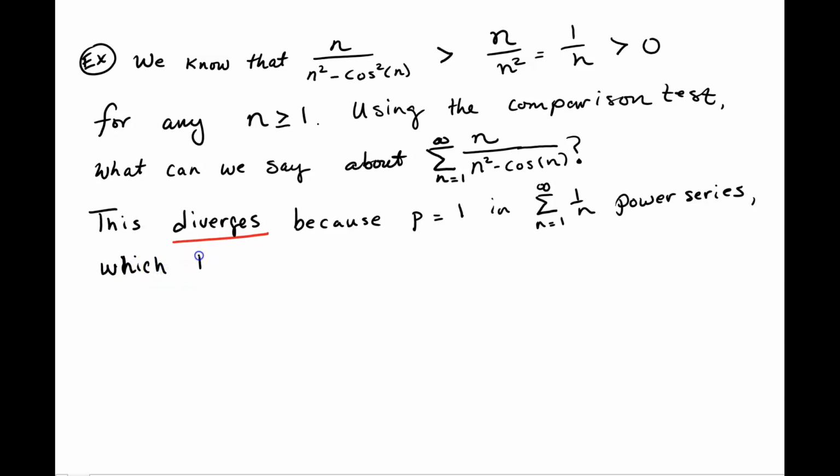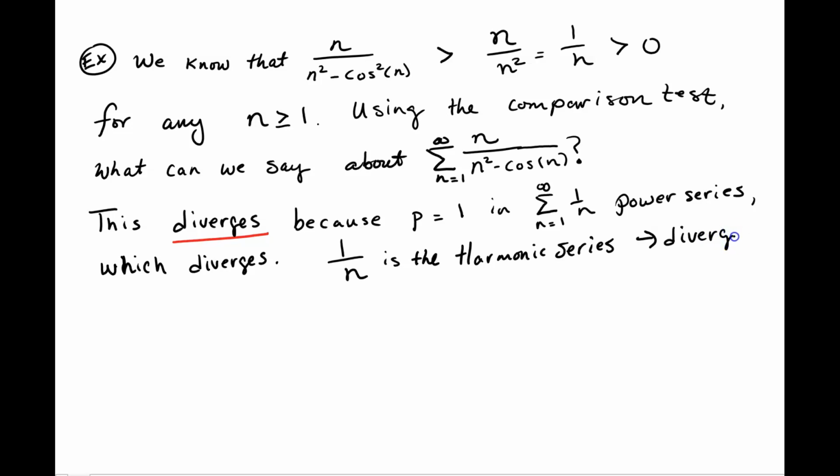And why does it diverge? Well, in that previous video, we said that 1 over n, the special case, is exactly the harmonic series, and we know from that last video that a harmonic series diverges.